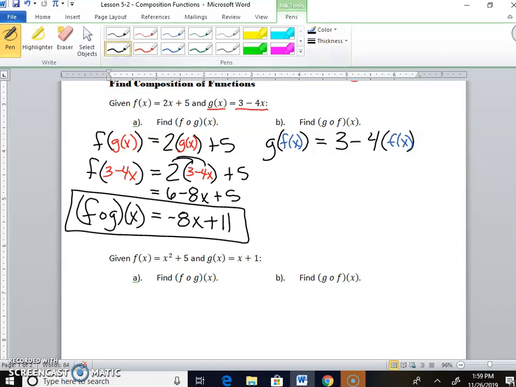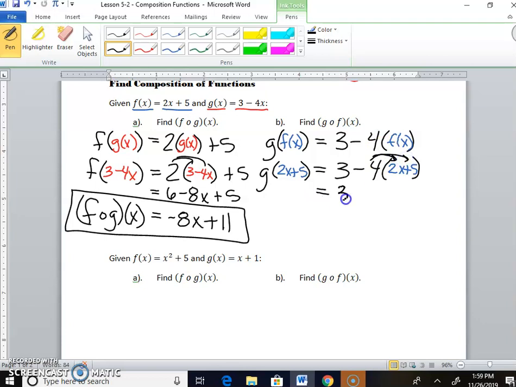So what is my f of x? If I look, f of x was 2x plus 5, so g of f of x is g of 2x plus 5, which means this is going to be 3 minus 4 times 2x plus 5. Then we're just going to simplify on the right side there.